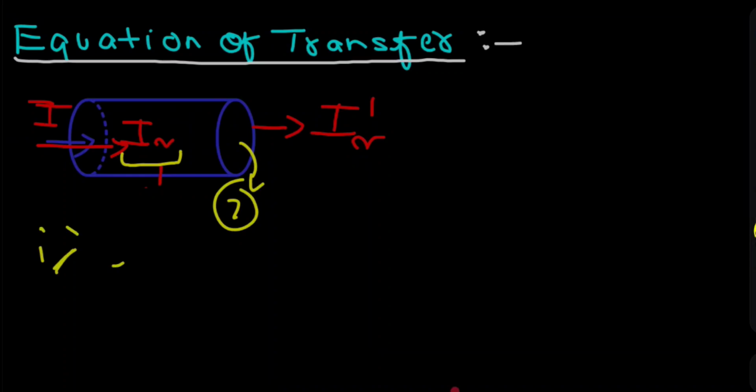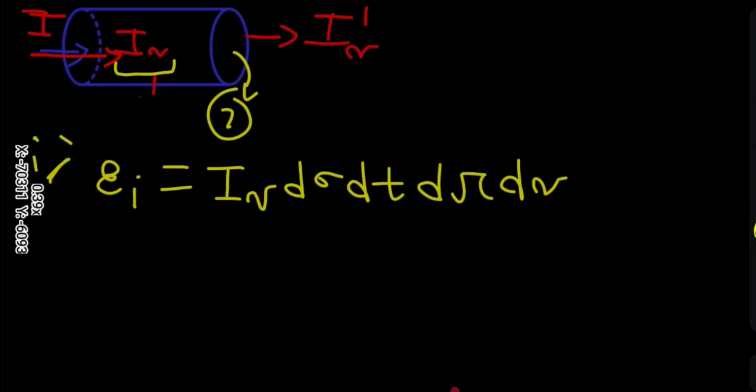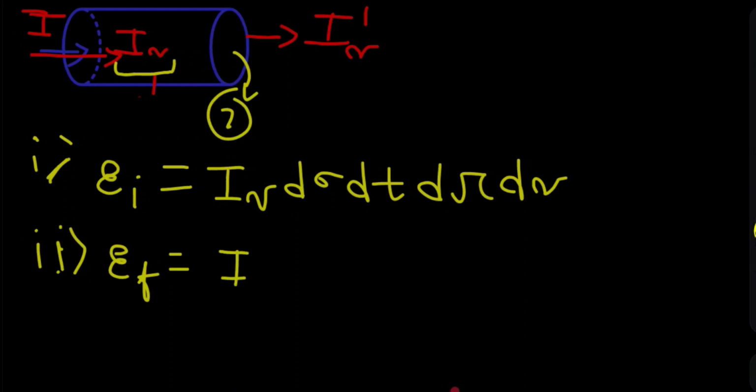So the first thing is the initial energy. Our intensity of radiation is equal to I mu d sigma dt d omega d mu. So this is our initial energy, and the final energy is equal to I mu plus dI mu.